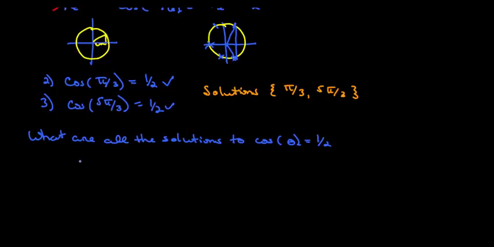And so to do that, we need to list every angle. Let's draw out our circle again. Every angle whose cosine value comes over here to a length of 1/2.